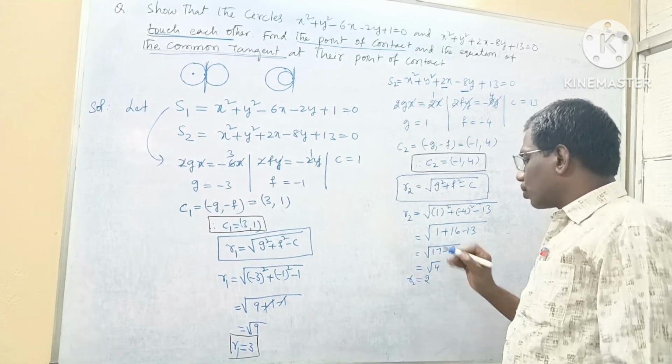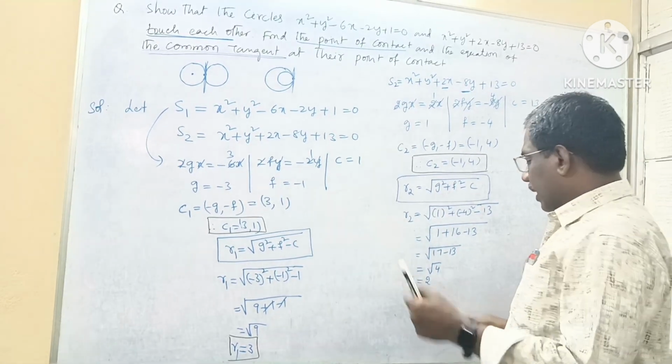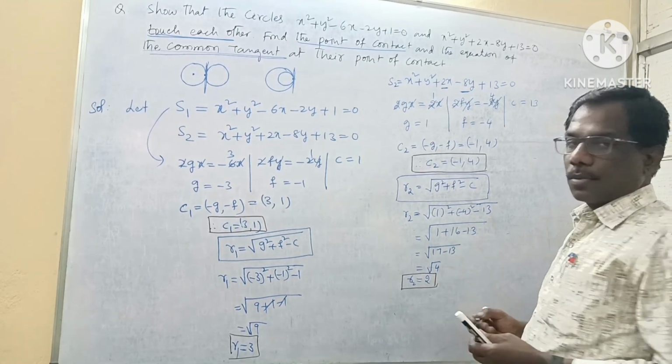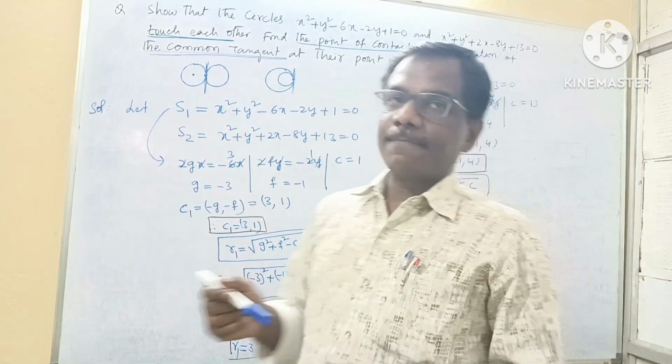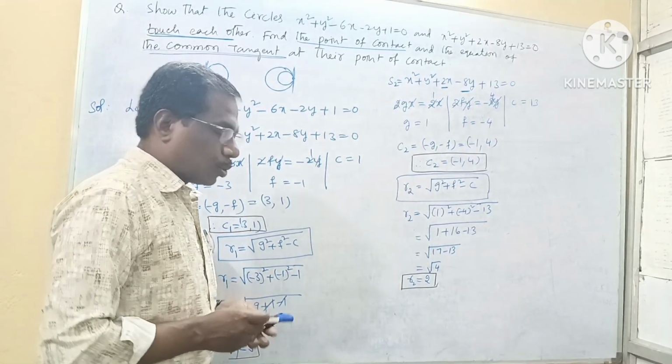This is R2, the radius of the second circle, 2. Next we find C1, C2, the distance between C1 and C2.